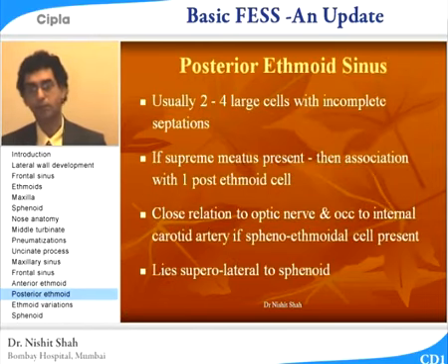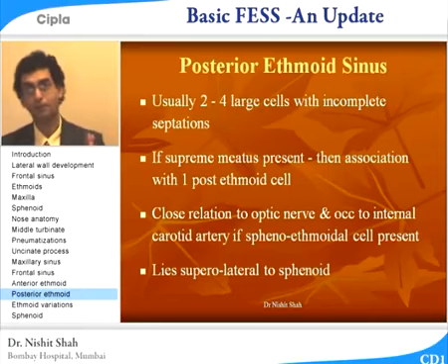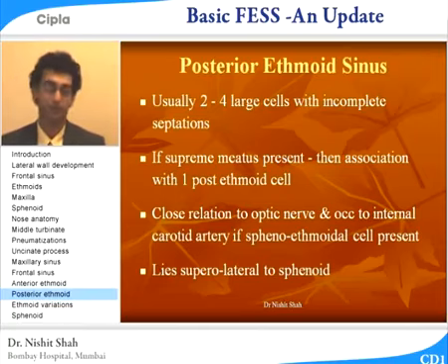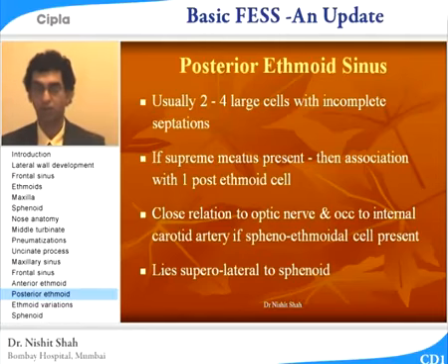So in the posterior ethmoid you usually have 2 to 4 larger cells as compared to the anterior ethmoid with multiple smaller cells. You may have incomplete septations. If you have a supreme turbinate, you then have a supreme meatus, and usually one of the posterior ethmoid cells will open into this supreme meatus posteriorly.